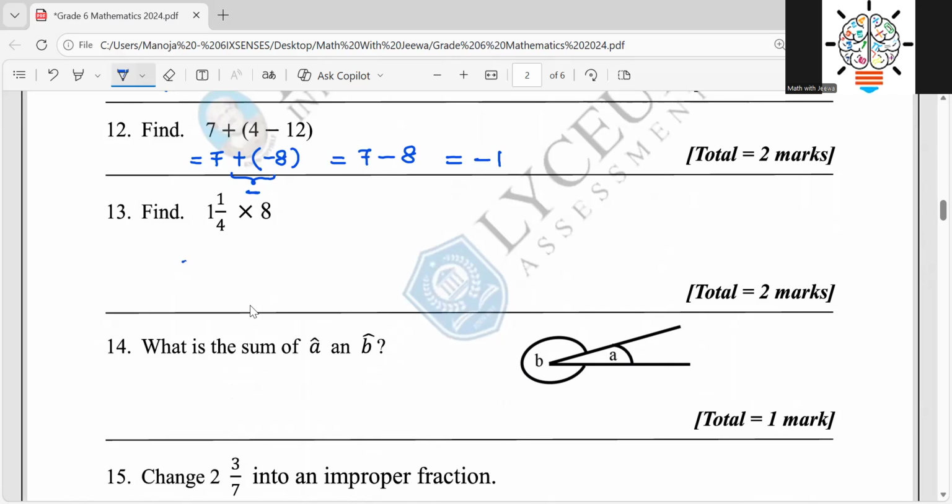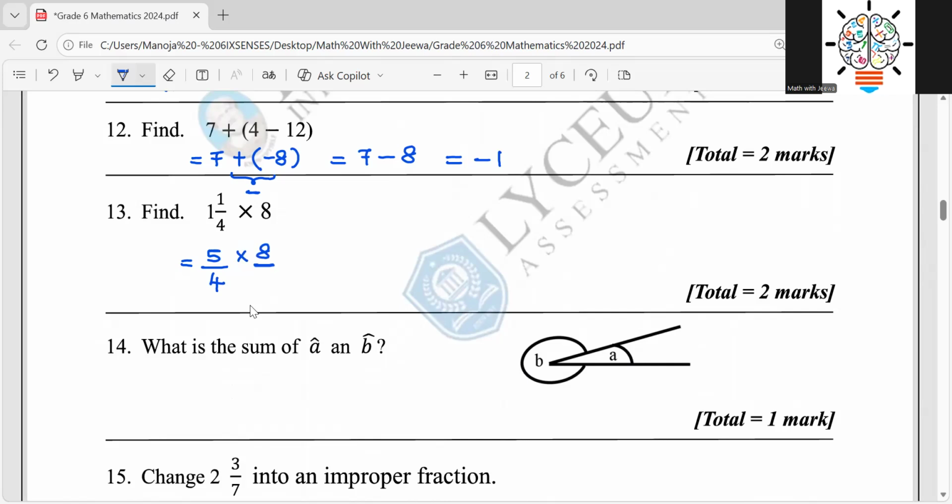Then here what I do, children, in question number 13, most of the time, if I come across a mixed number, I convert it into an improper fraction because it's easier for me to do the simplification. 4 times 1, 4. 4 plus 1, 5. 5 over 4 multiplied by 8.